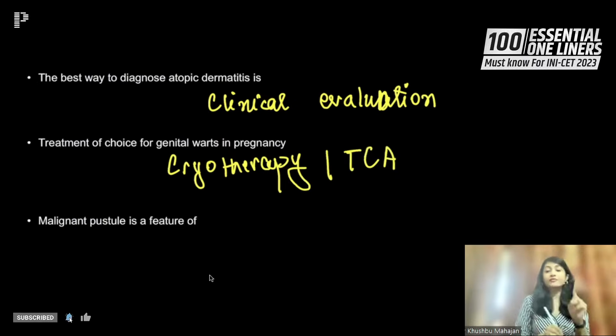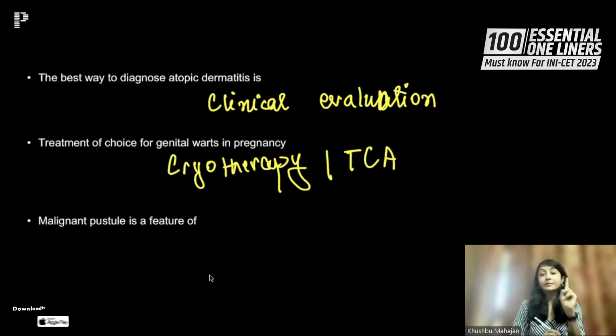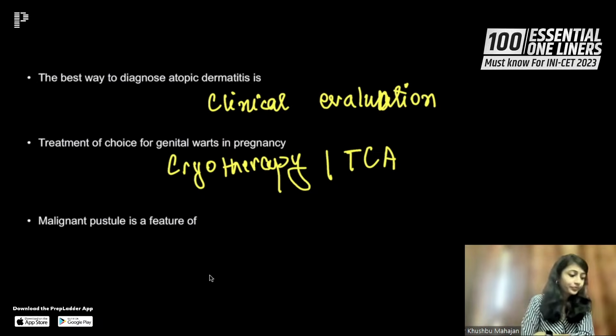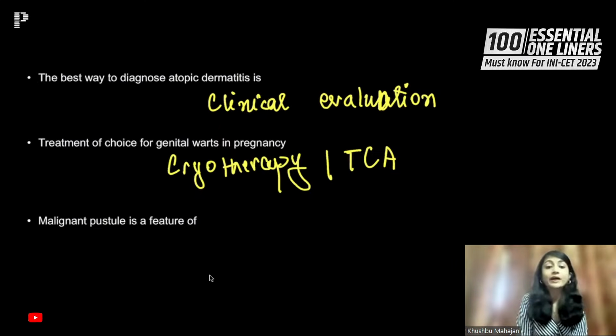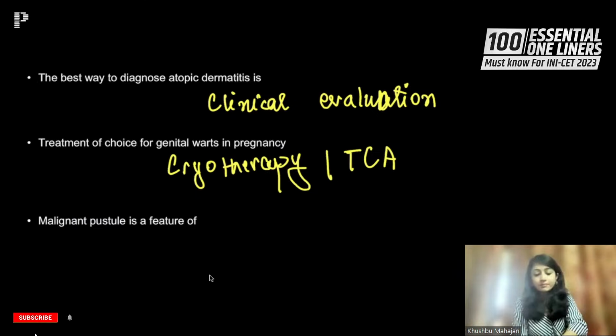If you do not have facility for cryotherapy, you can do TCA application, but no podophyllin, please. Podophyllin is not used in pregnancy. Next question. Malignant pustule is a feature of? Yes, you're right, Shubham. It can be trichloroacetic acid. It can be cryotherapy, but no podophyllin.